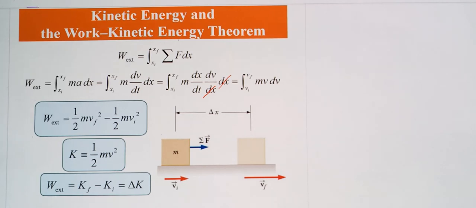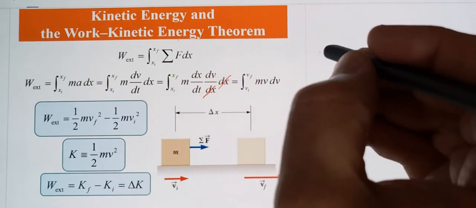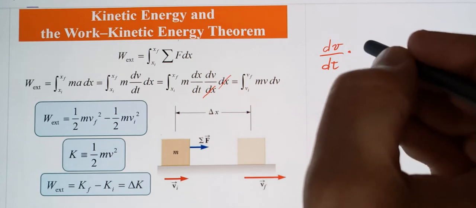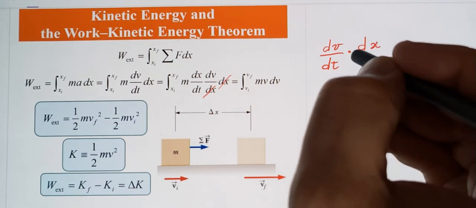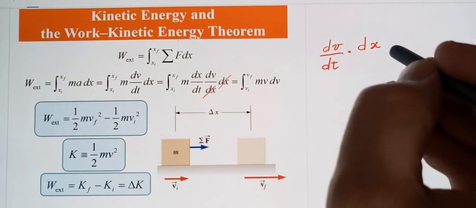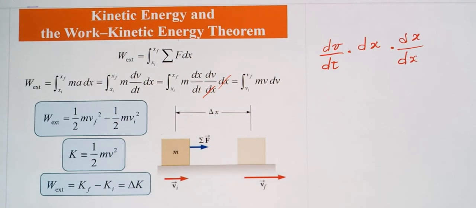We said that v is equal to dx over dt. Correct. But why did you put dv over dx? Note, this is mathematical, it's not physics, but we start with dv over dt multiplied by dx. If we add dx over dx, nothing will happen. Correct?